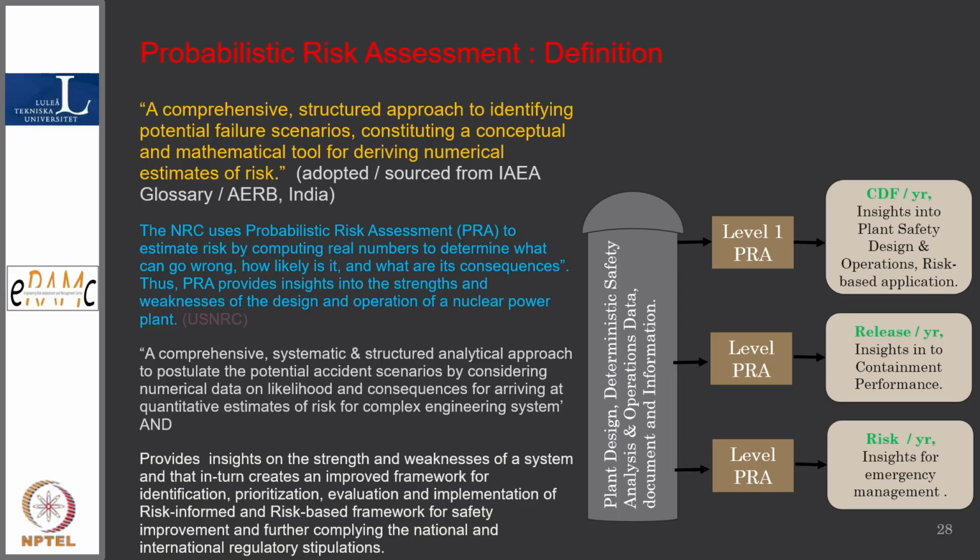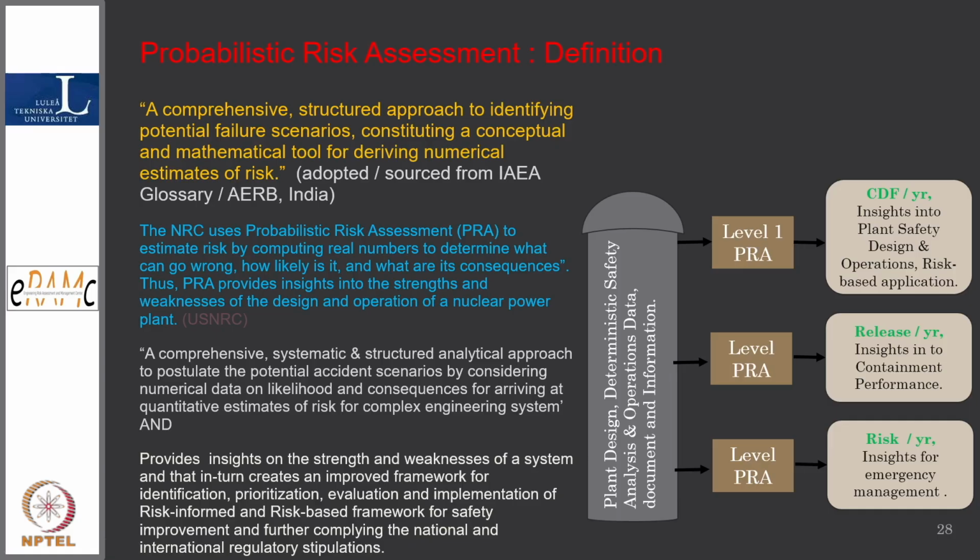The NRC uses probabilistic assessment to estimate risk by computing real numbers to estimate what can go wrong and how likely it is to happen. So these are the three questions you have to ask: what can go wrong, how likely is it to happen, and what are the consequences. This is the US NRC's fundamental model for PRA: a comprehensive, systematic, structured, analytical approach to postulate the potential accidents. Here you can simulate the accident and see how the risk changes.